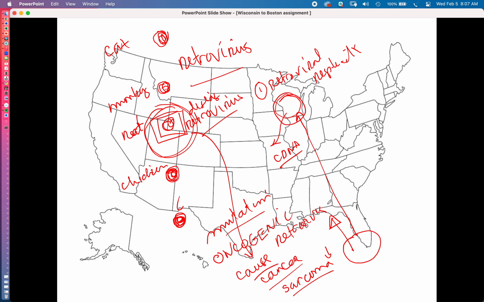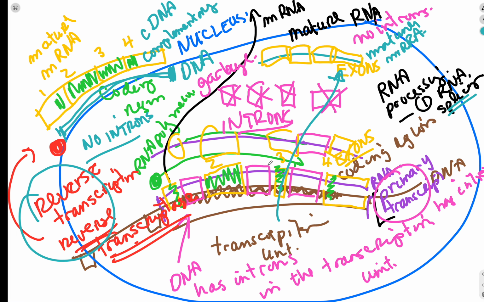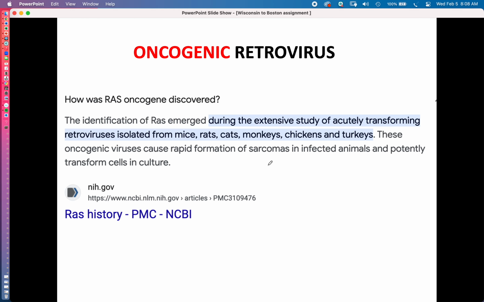So it's really important to appreciate that there was a mutation that turned this disease-causing retrovirus into a cancer-causing retrovirus. And our author wanted to understand that mutation. So our author was there and studied it, and this is what that work looked like a little bit, just to show you. He's going to find an oncogene, a very famous oncogene called RAS, and it stands for rat sarcoma retrovirus.